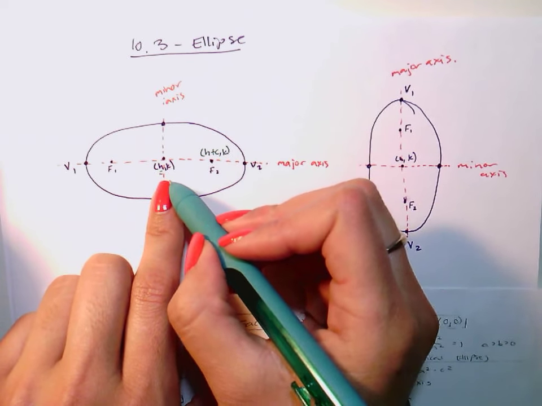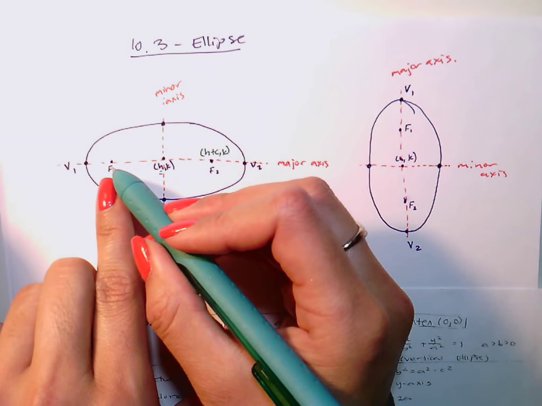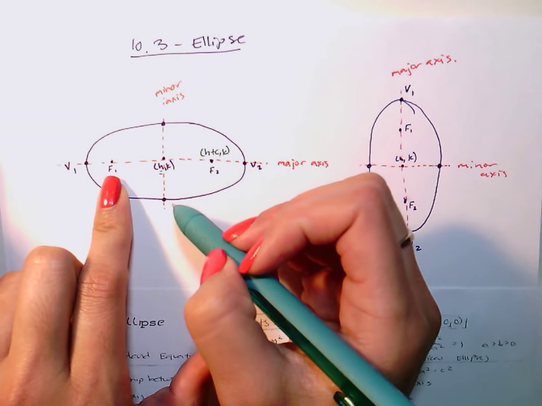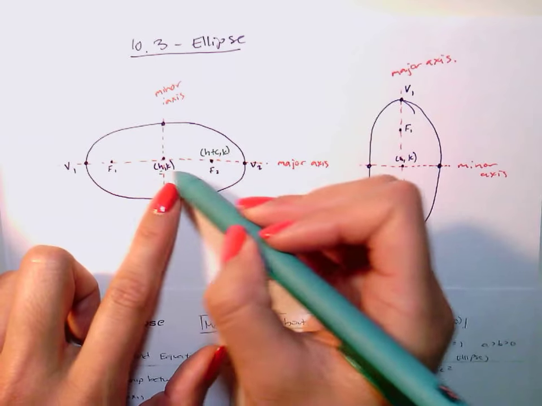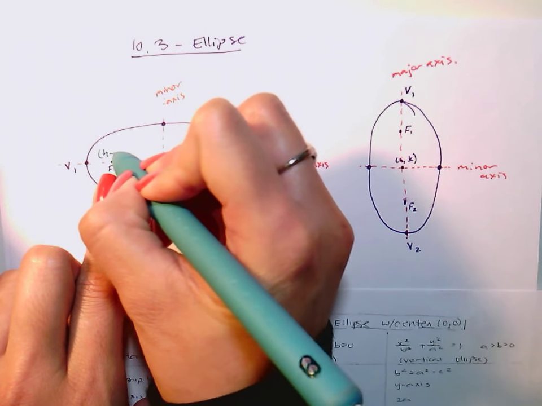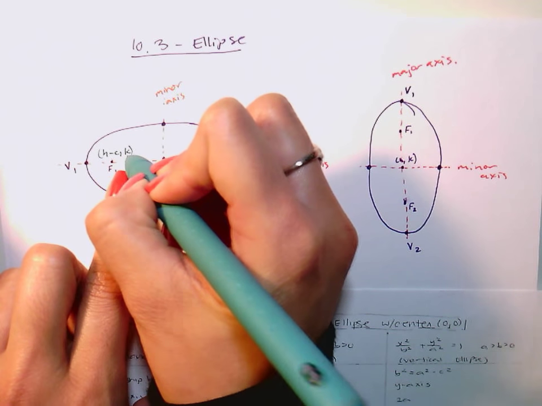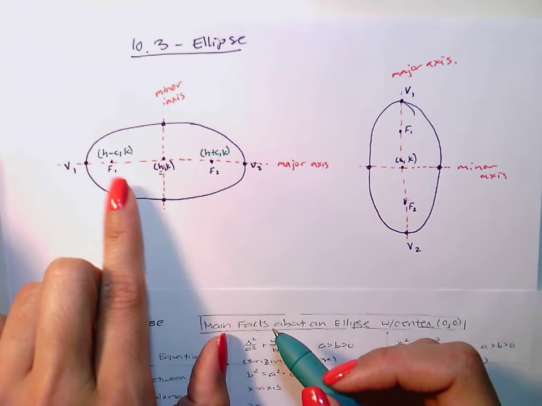Again, if the distance between the center and the focus is equal to c, and now I'm going to the left, I'm going to subtract a c from this x value. The only value that's changing if I go left or right is the x value. So this one becomes (h - c, k). The y value stays the same. So that's for the foci of these two.